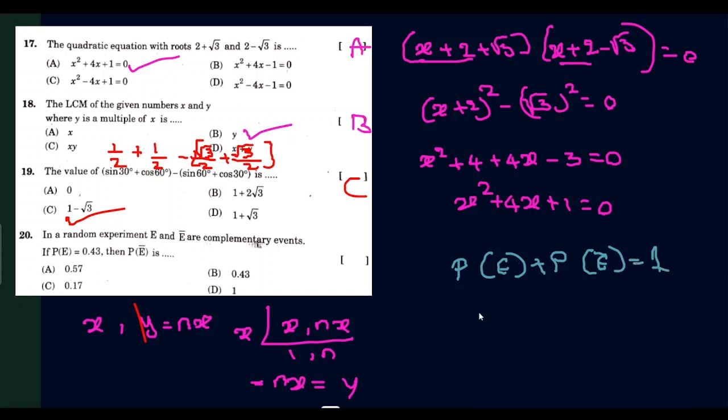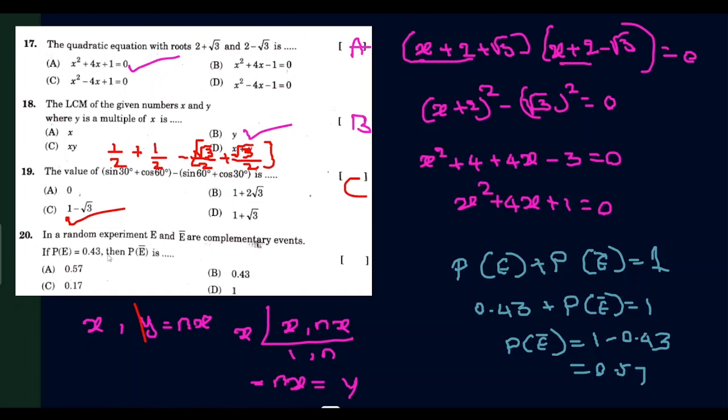So P of E value is given and he is asking us to find P of E bar, right? Then P of E bar is nothing but 1 minus 0.43. That is nothing but 0.57. So option A is the answer.